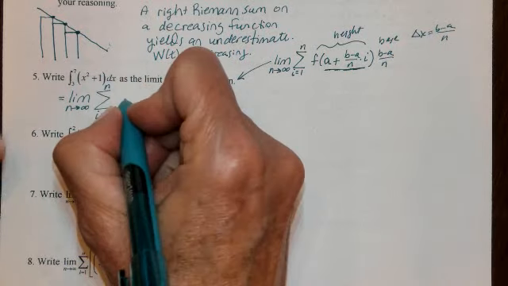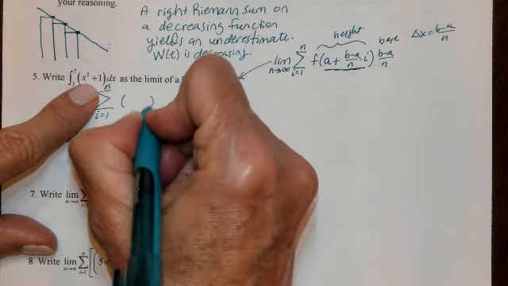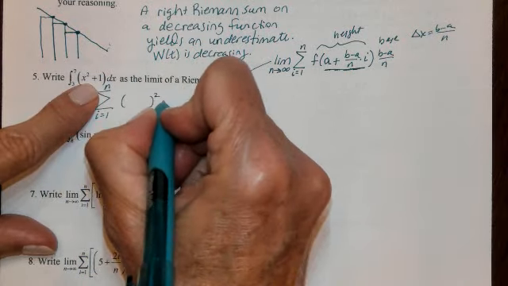So I'm going to have something squared plus 1. That's my function. And in place of the x, I'm putting this thing. Only the a and the b have meanings. The a is 3, b is 7, right?